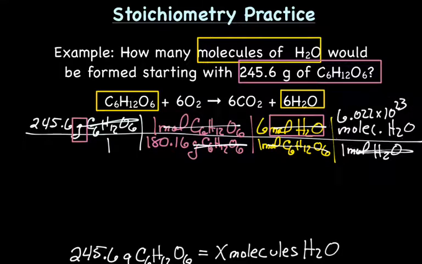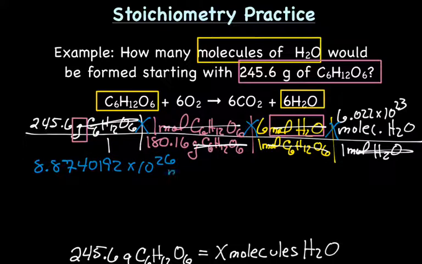So now we need to multiply across the top, and when I put that in my calculator, I got 8.87409192 times 10 to the 26th molecules of H2O.